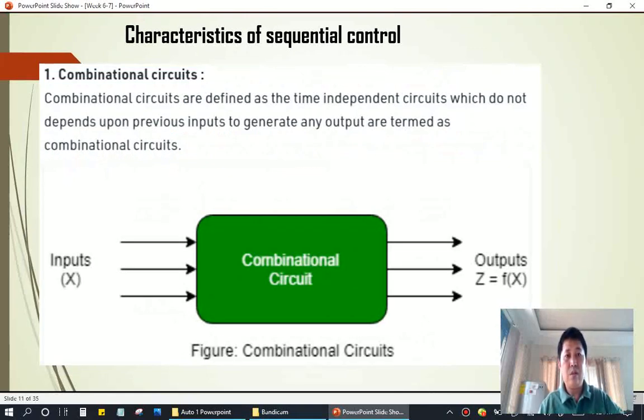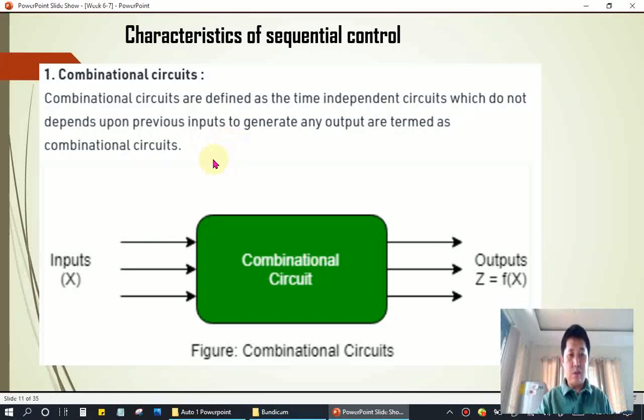Talking about the characteristics of the sequential control, we have a comparison here with combinational circuits. Combinational circuits are defined as time independent circuits which do not depend upon previous inputs to generate any output.